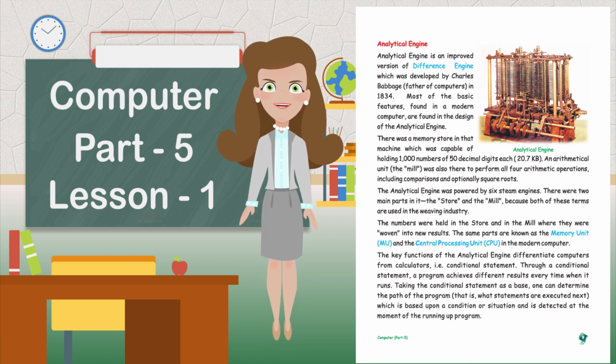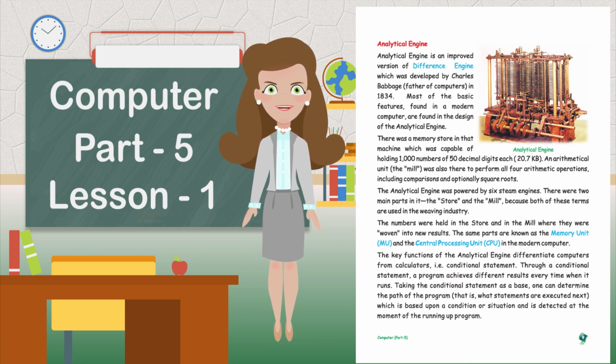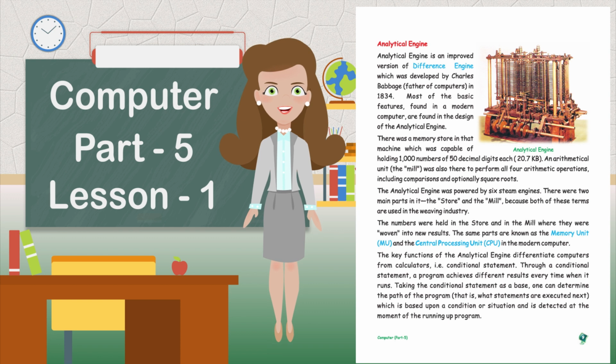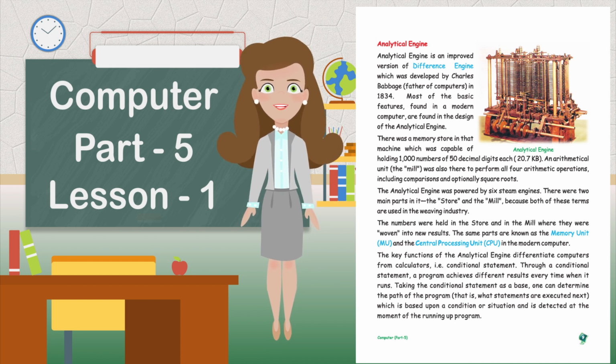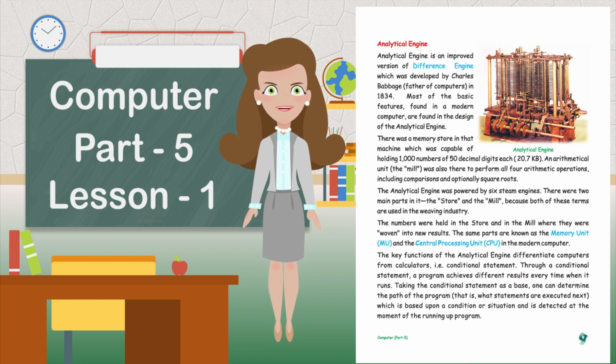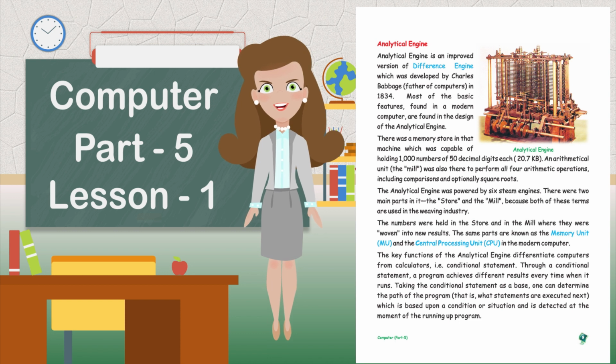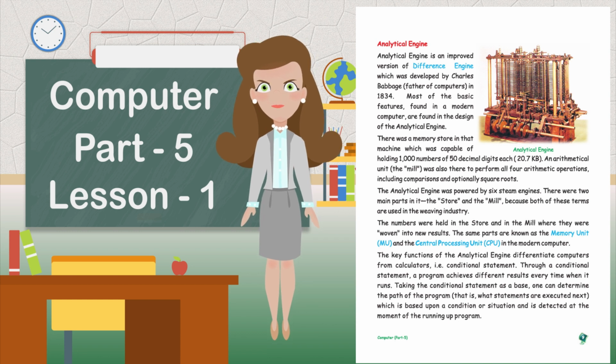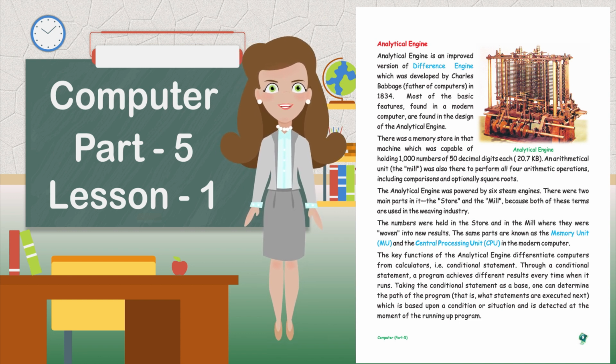There were 2 main parts in it, the store and the mill, because both of these terms are used in the weaving industry. The numbers were held in the store and in the mill where they were woven into new results. The same parts are known as the memory unit (MU) and the central processing unit (CPU) in the modern computer.